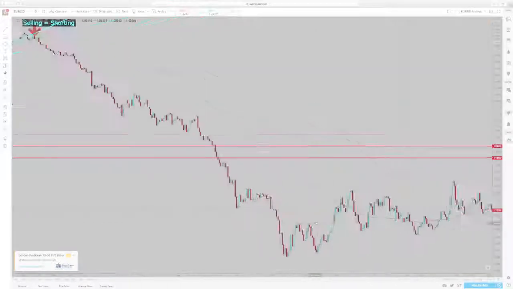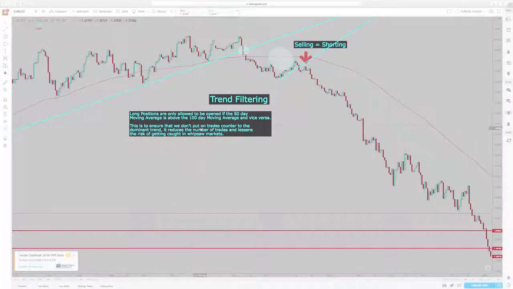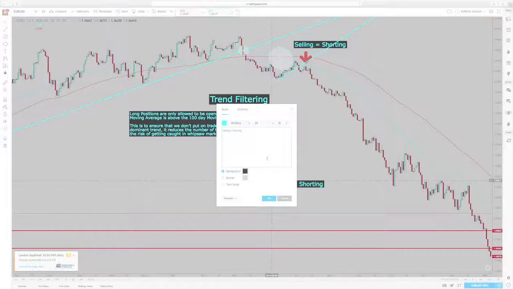And you could have followed the market all the way down here and made a whole bunch of money just because you were following the trend filter to protect you and make high probability trades, because that's the goal of the indicators. The indicators are helpful to predict high probability trades.